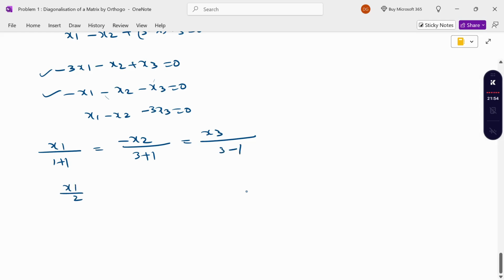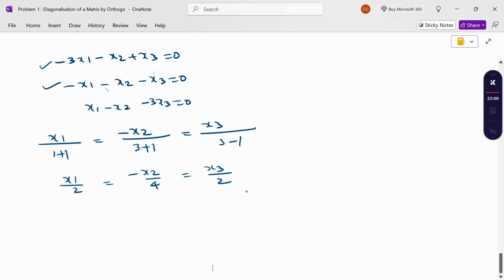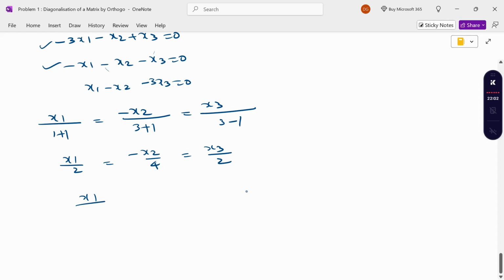So x1 by 2, x2 by 4, x3 by 2. So 2 is the common factor. Therefore x1 by 1, minus x2 by 2, x3 by 1. Therefore lambda 6, x3 equal to 1 minus 2, 1.